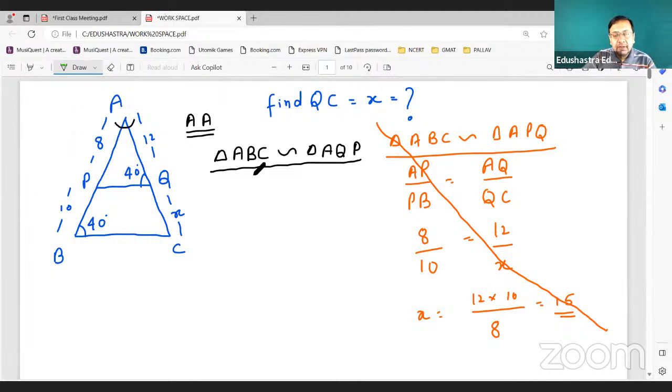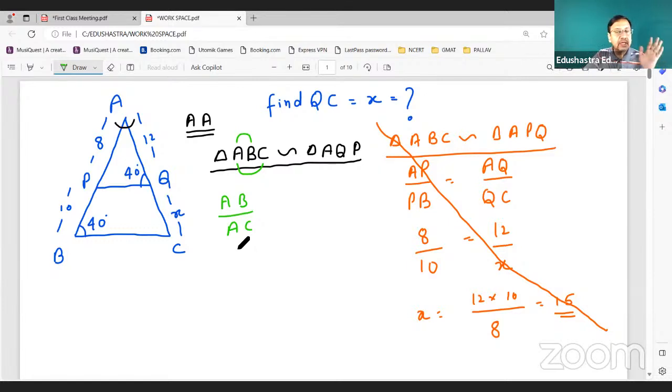So if you are taking some length, first AB and second the ratio AC, so this is AB divided by AC. Same sequence, same pattern should be taken from the second, right?